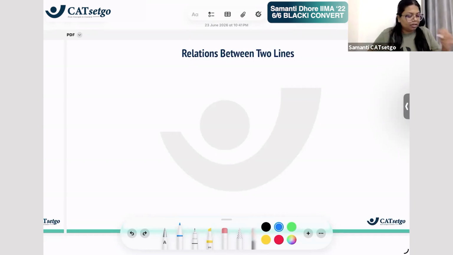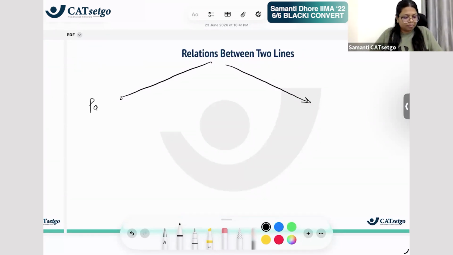The lines can be either perpendicular, parallel, or they can be intersecting at some random angle, or they can be coincidental. Coincidental means it is the same line. So there are conditions for that. Let us first look at parallel lines or perpendicular lines.